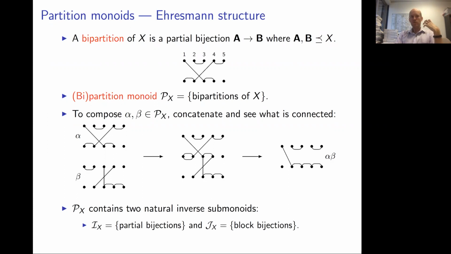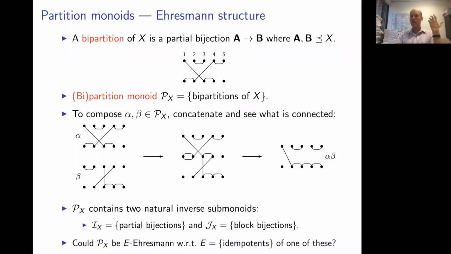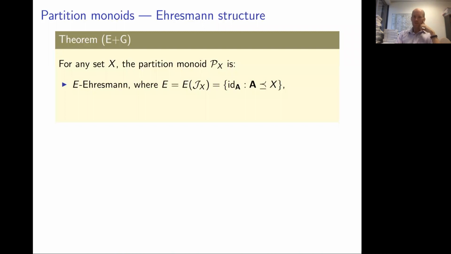If you want an Ehresmann structure, you have to have a semilattice, and in particular, these two inverse monoids give us two semilattices. So the natural question is, can we take the semilattices of either or both of these and get a nice Ehresmann structure? The main result of the paper is that we do get an Ehresmann structure for the dual symmetric inverse monoid, and we don't get one for the ordinary symmetric inverse monoid.